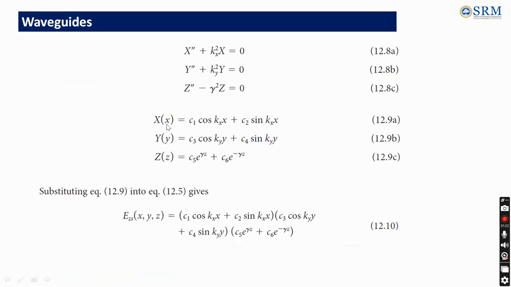So we can write the solution for these second order differential equations in this form. X(x) is c1 cos kx x plus c2 sin kx x, all a function of x. Similarly, Y(y), the constants are different, c3 cos ky y plus c4 sin ky y. For Z, it is going to be c5 e power gamma z plus c6 e power minus gamma z.